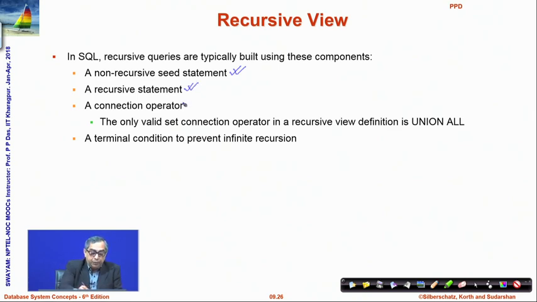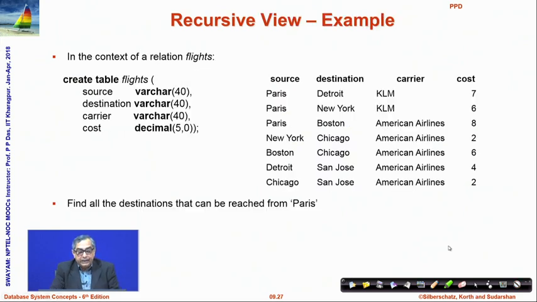We need a connection operator which can connect the non-recursive and the recursive results together. The only connective that is valid is union all, that is multiset union. And we also need some kind of a terminal condition to guarantee that the recursion really terminates, that it does not go on forever. So, let us take an example.